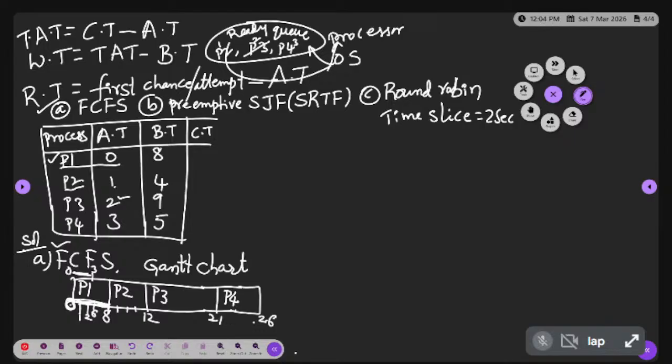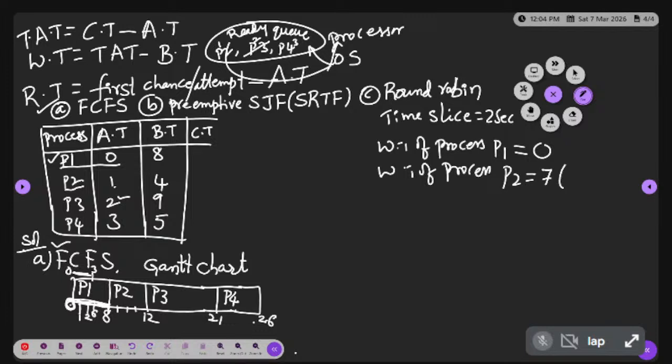See, calculating waiting time of each process. We can write here waiting time of process P1 is 0. Note down the next, waiting time of process P2, which is 7.